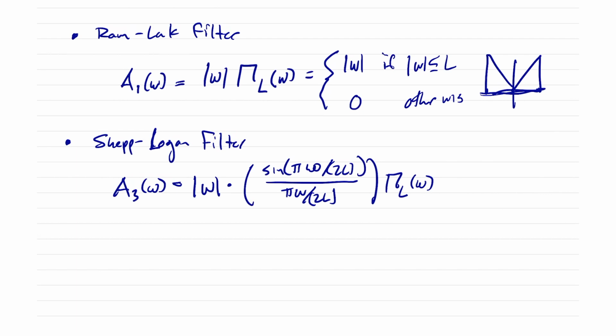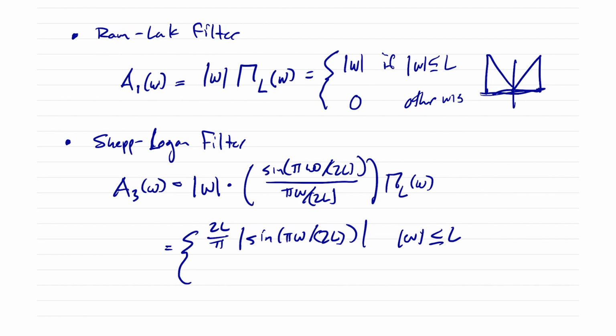Then ultimately what we get is this interaction between omega and the absolute value of omega. Remember, this is just a single variable, and so what this gives us is 2L over pi times the absolute value of sine of pi omega divided by 2L. This is for absolute value of omega less than L, and otherwise we get 0.